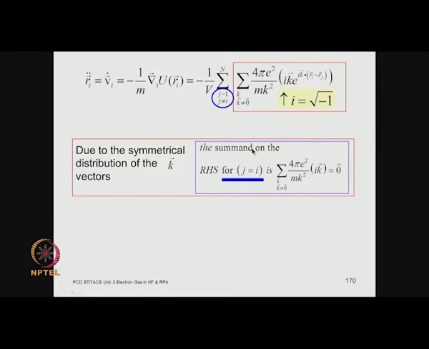The summand on the right hand side for j equal to i is this, and this is of course 0 because you are summing over all the momentum vectors, and there are as many momentum vectors in one direction as there are in the opposite, which are exactly equal and opposite.